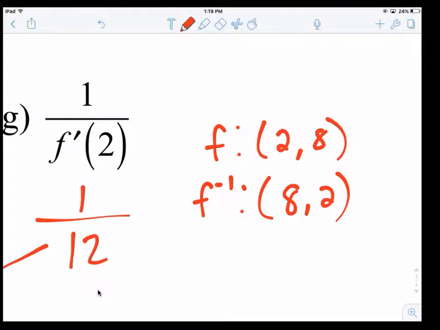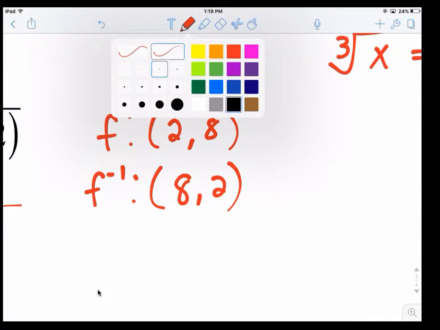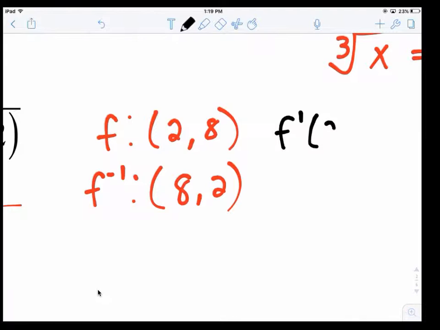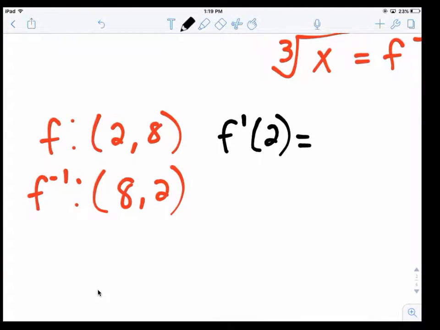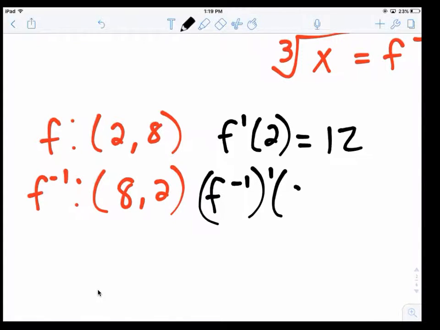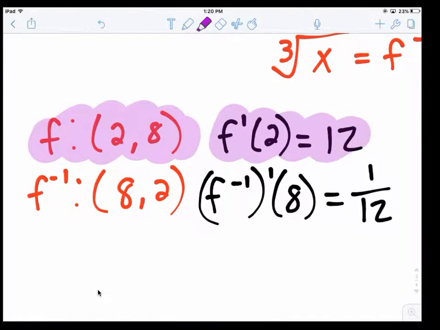And the slope at 2 came out to be 12, so the slope of the inverse is the reciprocal of this, so that'd be 1 over 12. So really all you need is this point and its derivative to figure out the information.